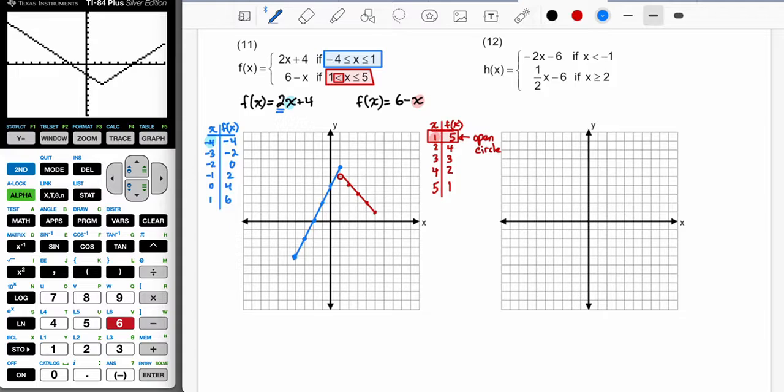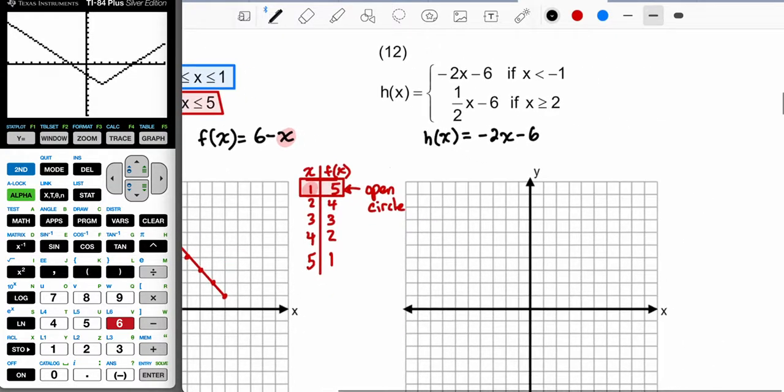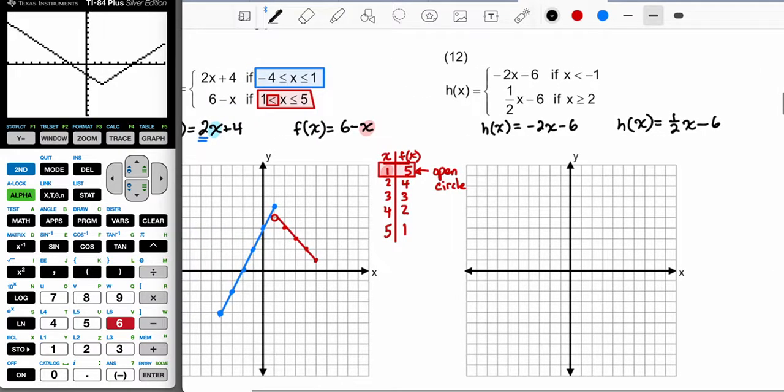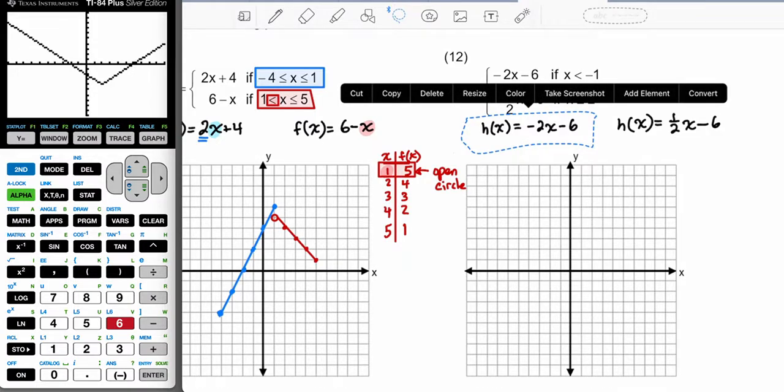So if I'm looking at the second one, h of x is sometimes equal to -2x minus 6, and some other times it's equal to 1/2 x minus 6. I could handle this by saying, all right, well, what would it look like if I graphed the whole thing? I'm going to go back to the blue and red.